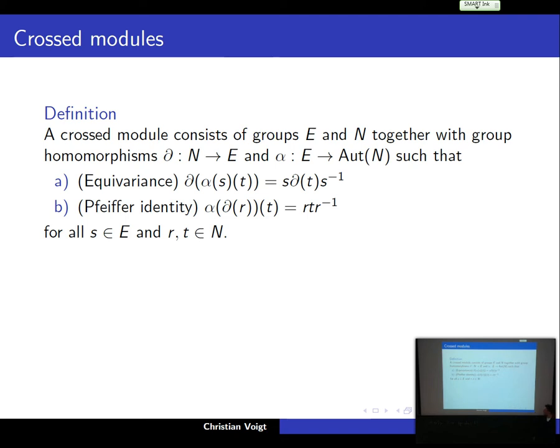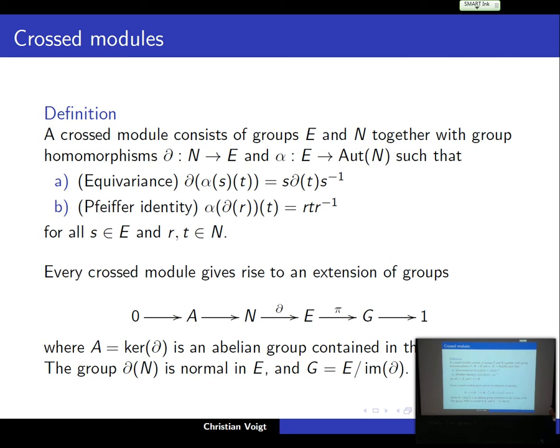The point about crossed modules, or the way I think about them, is that basically they encode three-step extensions of groups. You can forget about the definition.